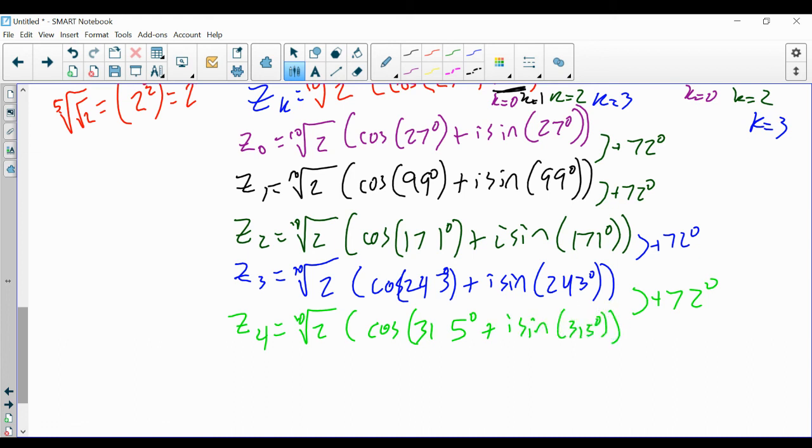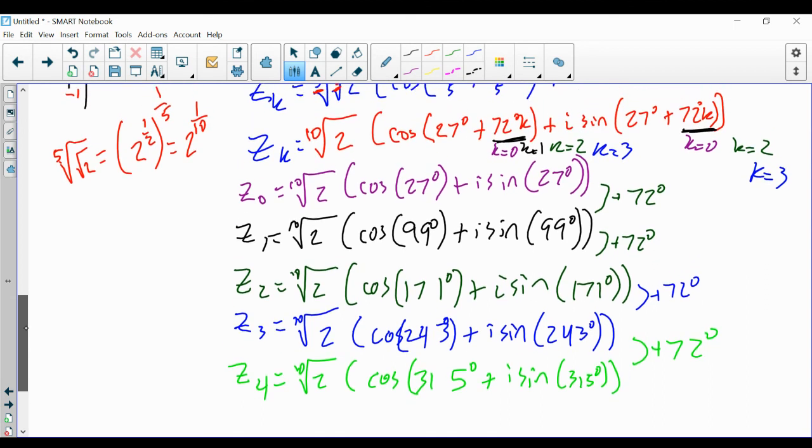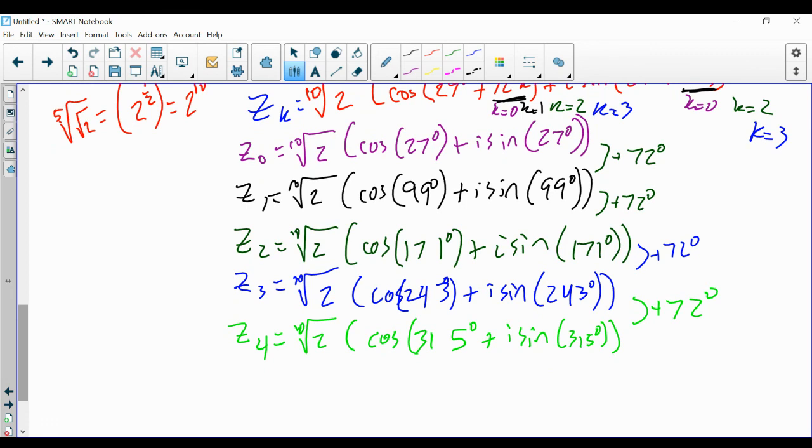Okay. And then again, if you didn't stop there and you kept going and you said, oh, that means k equals 5, if you add 72 to this, you'll end up getting an answer that is 360 degrees away from 27, which is the same answer. So you don't want to do that.